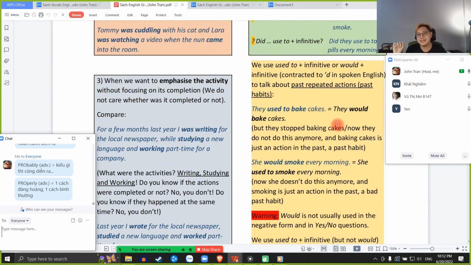Okay, please. We use used to plus infinitive or would plus infinitive, contracted to 'd in spoken English, to talk about past repeated actions, past habits. They used to bake cakes.